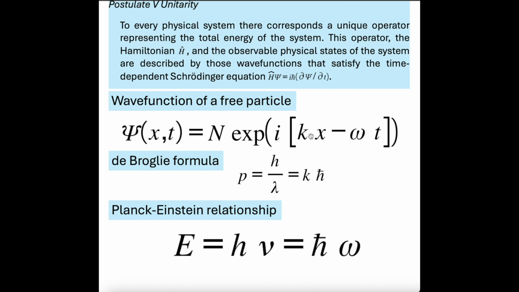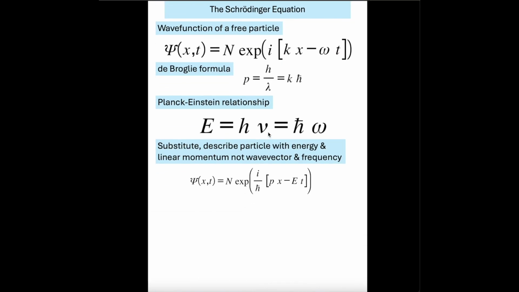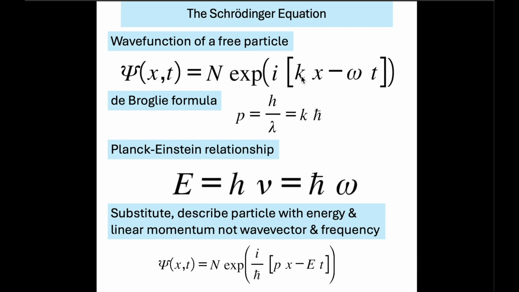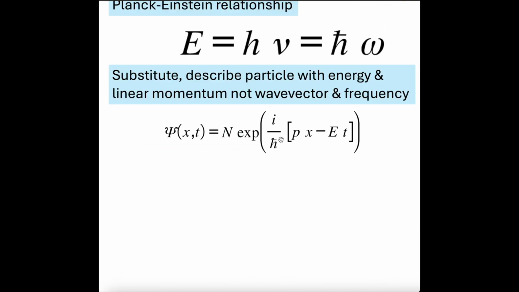So let's substitute these two in here so that we get a new version of the wave function of a free particle. Rather than being in terms of a wave vector and angular frequency, the wave function now is expressed in terms of the linear momentum and the total energy of the system.